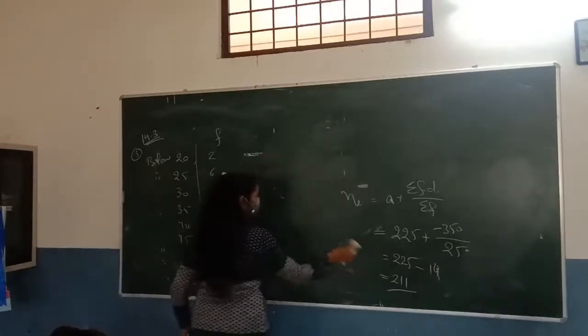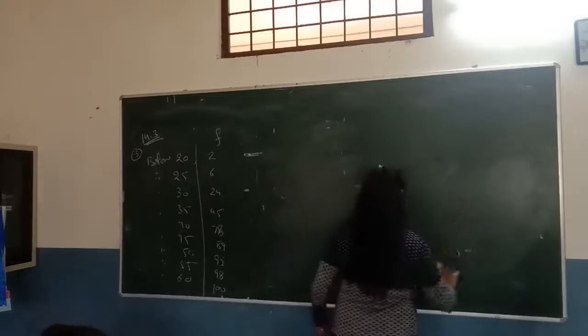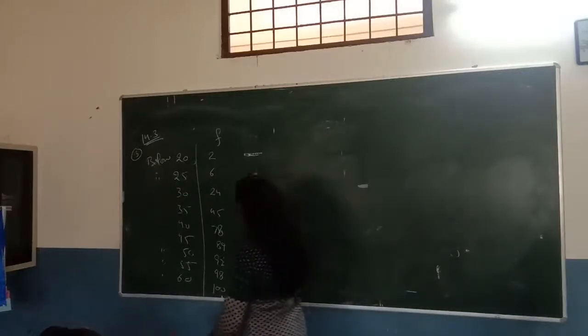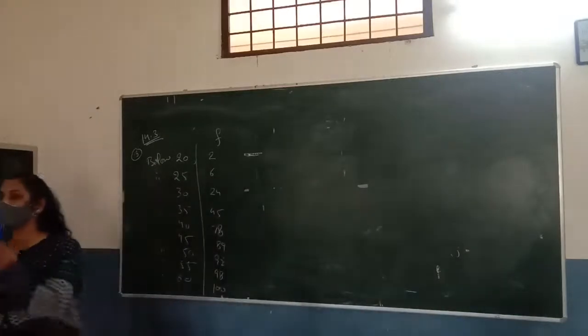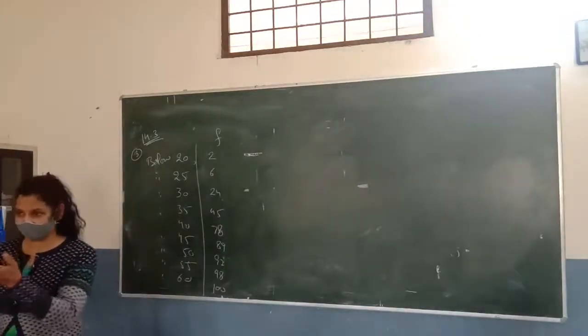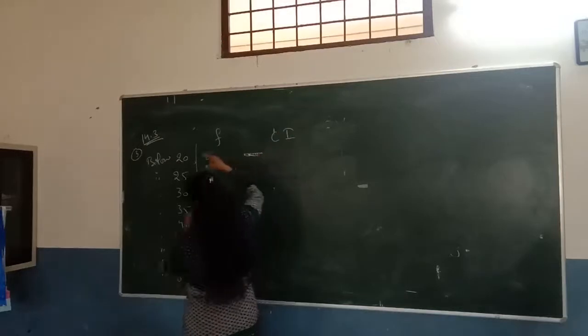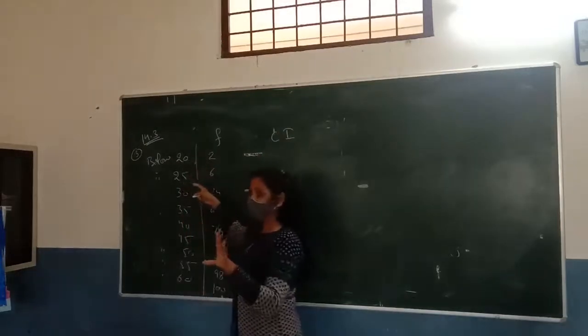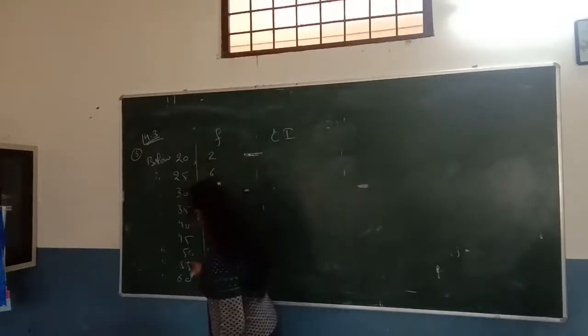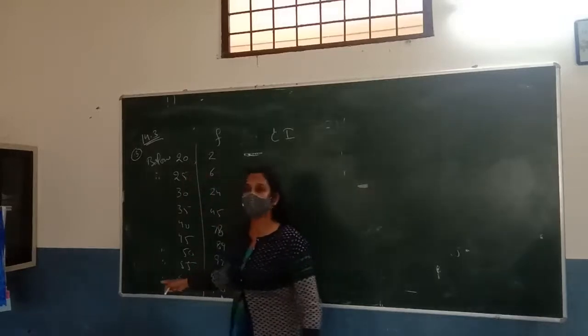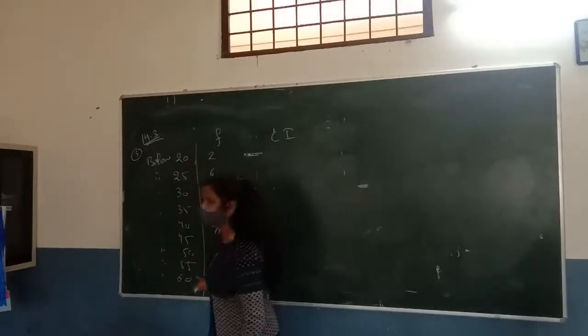So now we have a less than type of table. For this less than type of table, first we have to draw a simple table, that is a class interval type of table. So first you have to write the class interval. Now we know the class size is 5. The less than table is all on the upper limits.